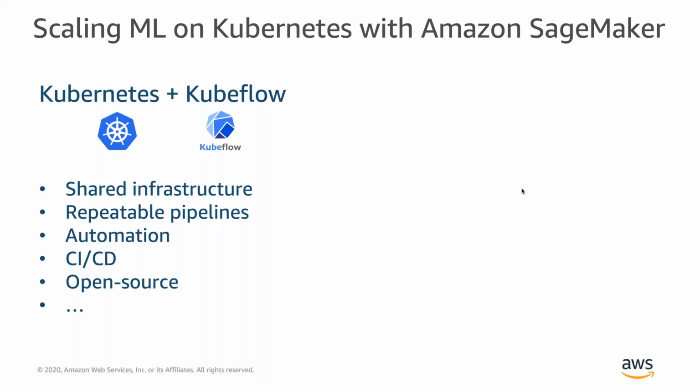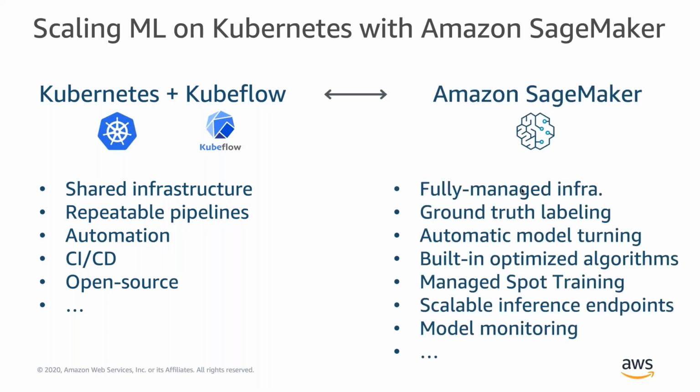There may be a multitude of reasons why you've standardized on Kubernetes and Kubeflow. At the same time, you do want to leverage some of the innovations in SageMaker, particularly fully managed infrastructure.